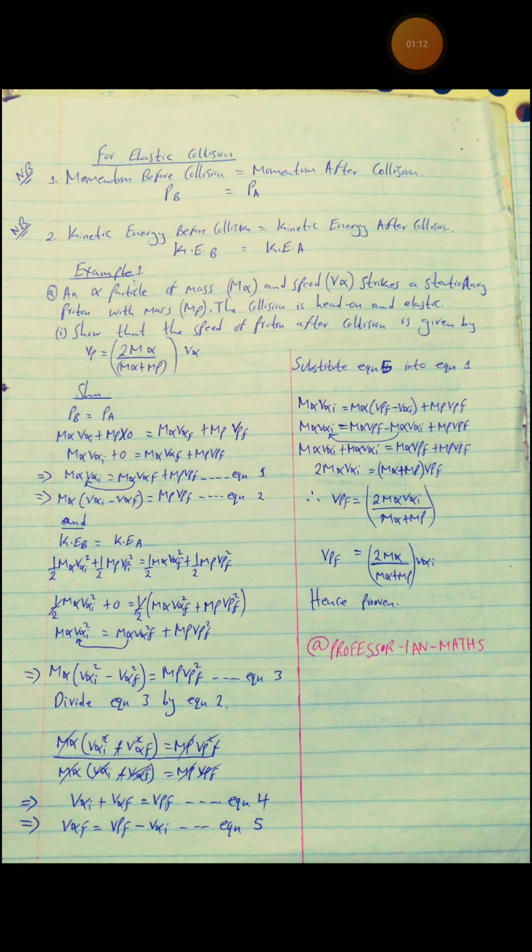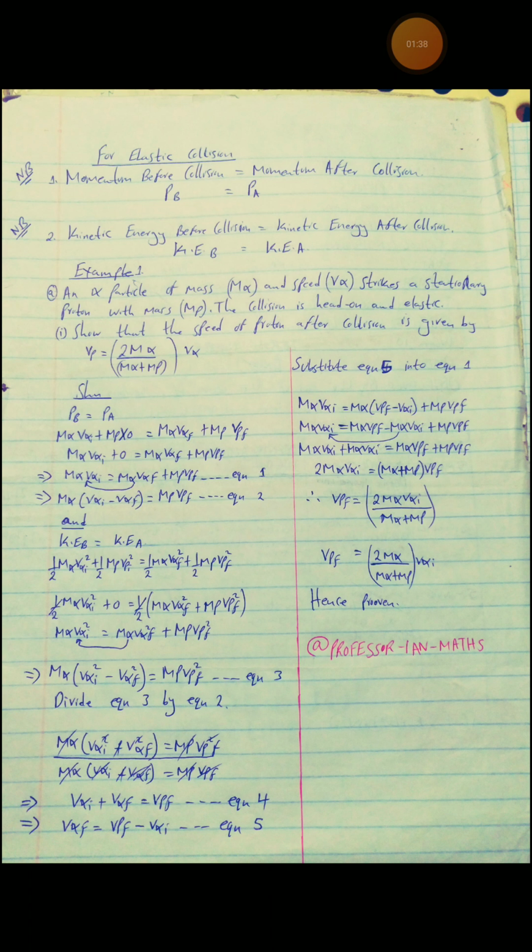Now, to solve this, we shall start by showing that momentum before collision is equal to momentum after collision. Momentum is a product of mass and velocity. We have two objects, that is the alpha particle and a stationary proton.